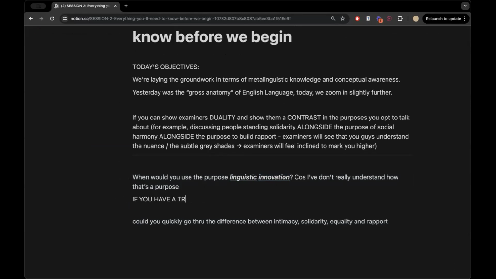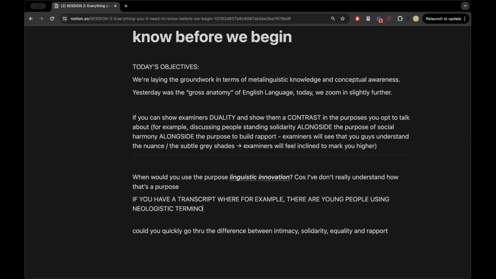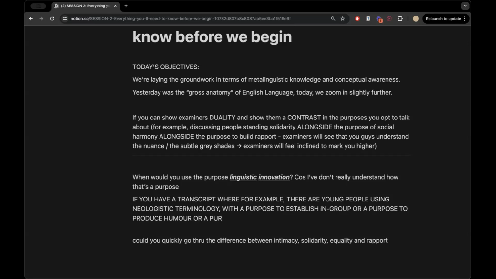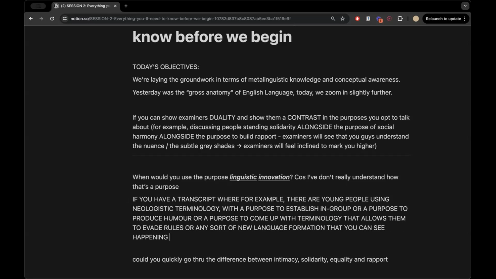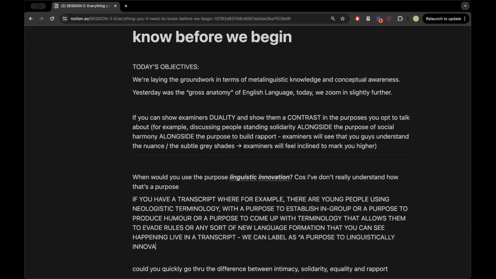So if you have a transcript where, for example, there are young people using neologistic terminology with a purpose to establish in-group or a purpose to produce humor or a purpose to come up with terminology that allows them to evade rules, or any sort of new language formation that you can see happening live in a transcript, we can label as a purpose to linguistically innovate, right?